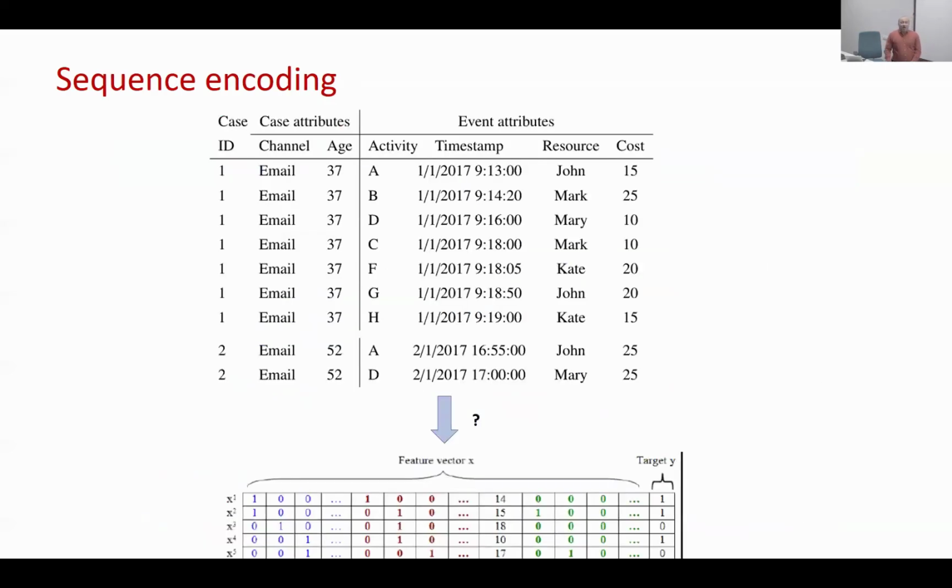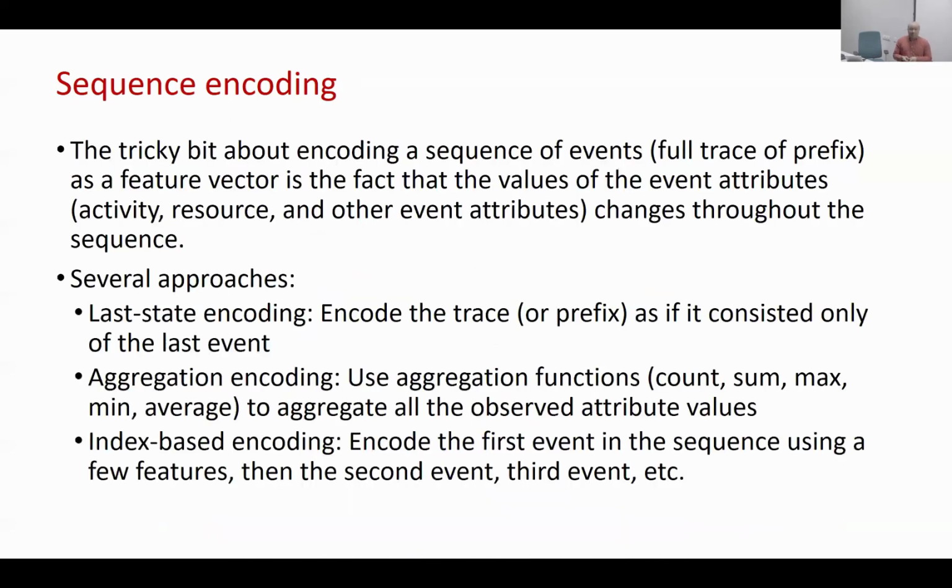In the field of predictive process monitoring, we call that problem sequence encoding. We want to encode a complex sequence of events, which is a trace, as a feature vector. And there are multiple methods.